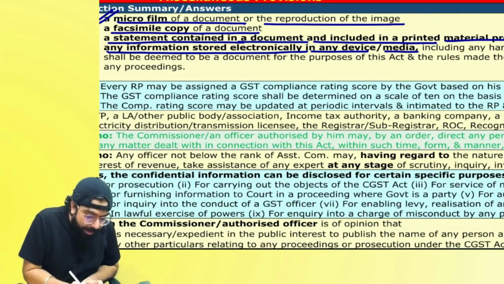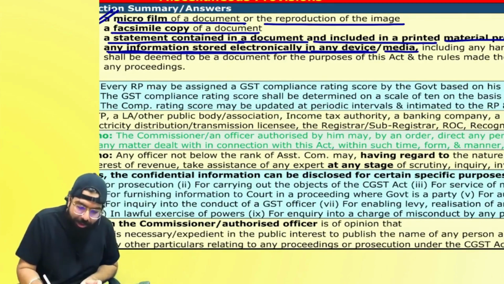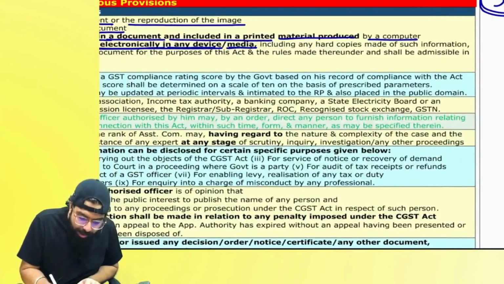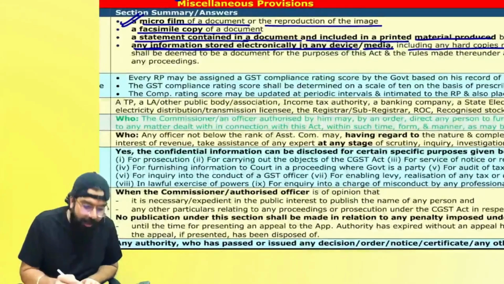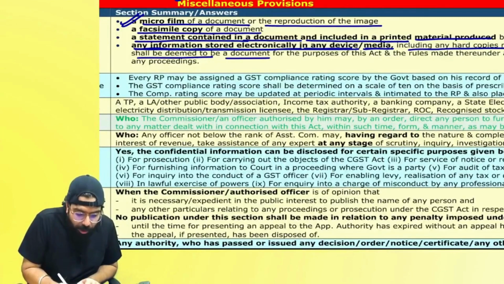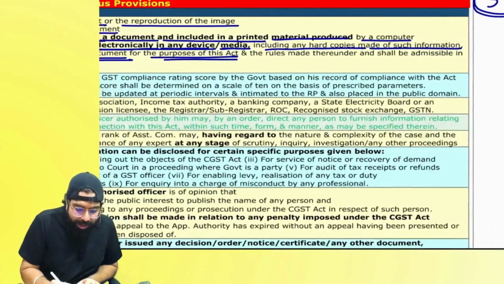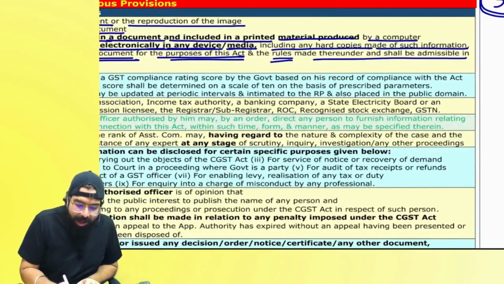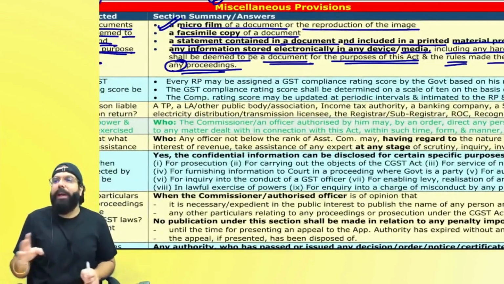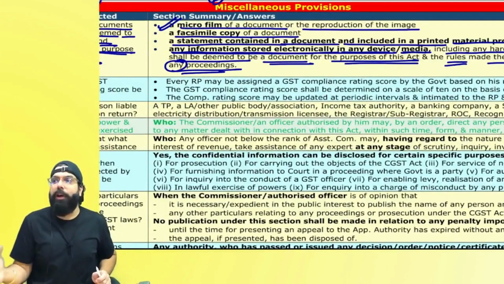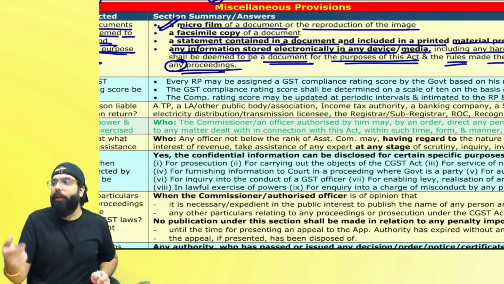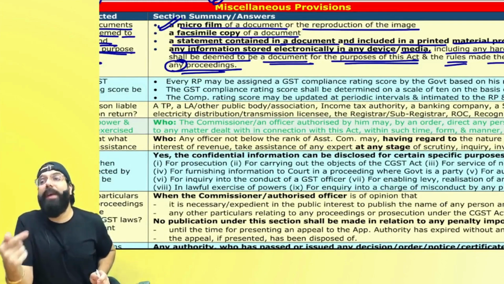So they are telling any information stored electronically in any device or media, including any hard copy made of such information, might be out of that one printout was taken, shall be deemed to be a document for the purpose of this act and the rules made thereunder, and shall be admissible in any proceedings. Whenever they are issuing a show cause notice or demand order, they can use all those items as a document, as evidence basically.